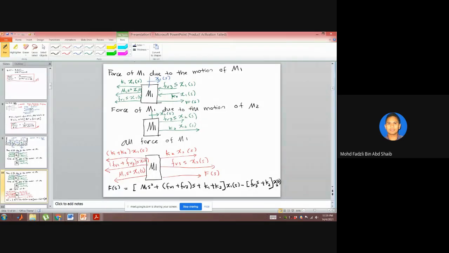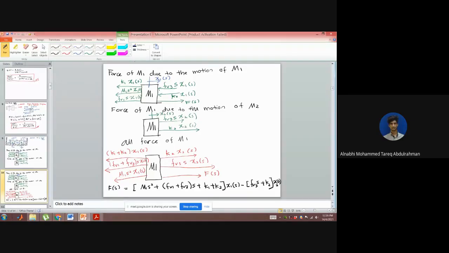Can you see that one? Can you see the final line? Yes, doctor. Can you repeat what I write? Fs equal what? The Fs, last line.